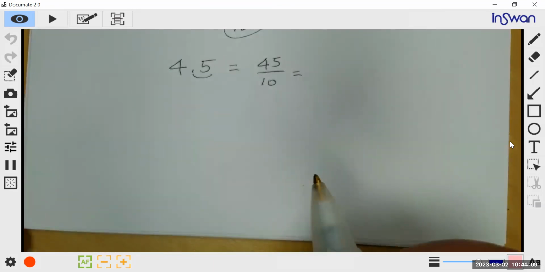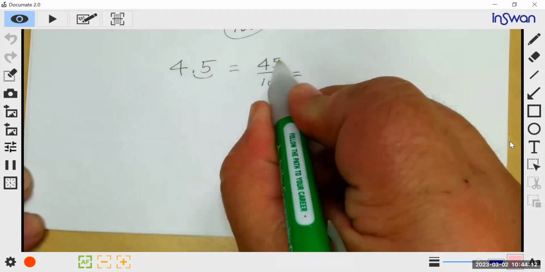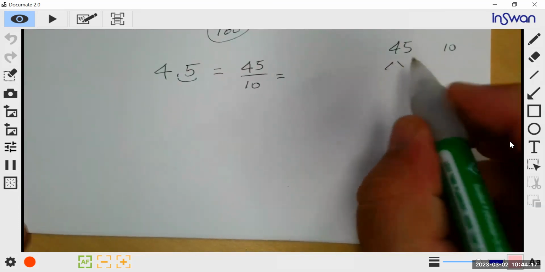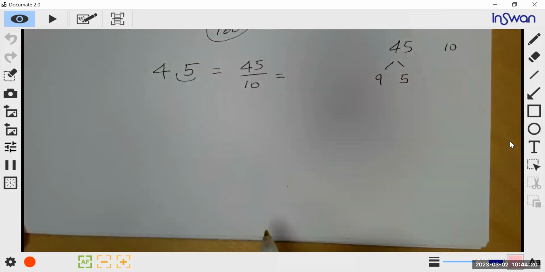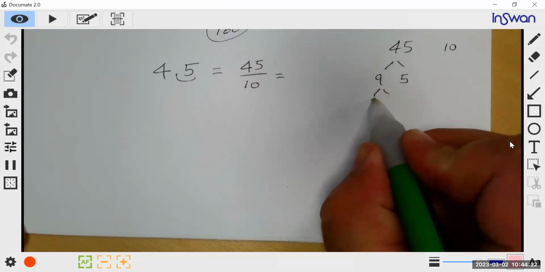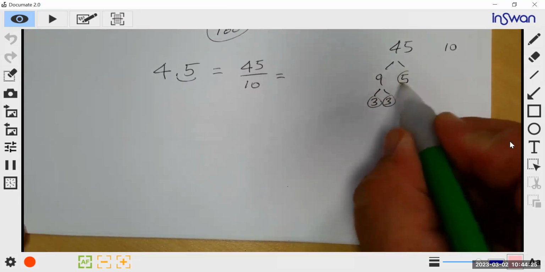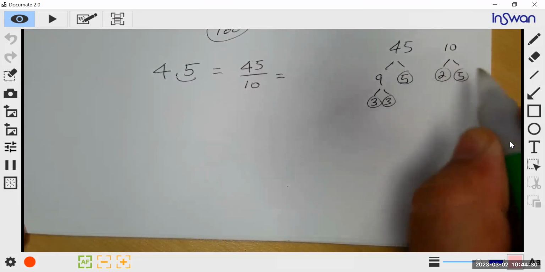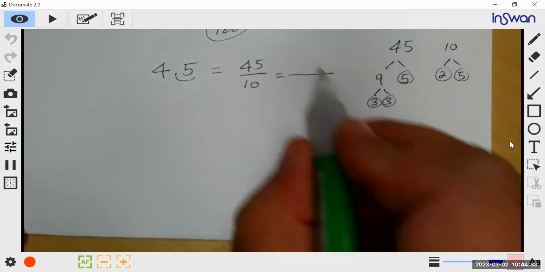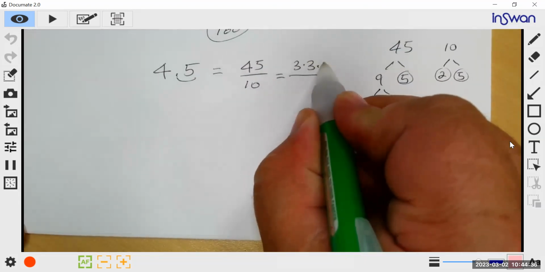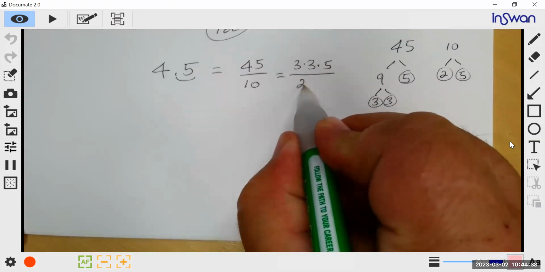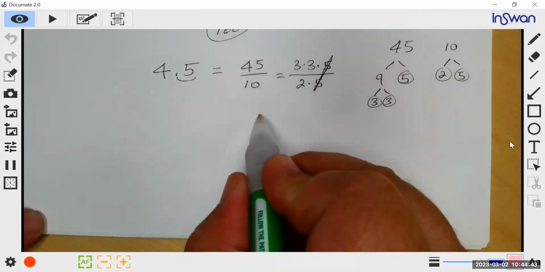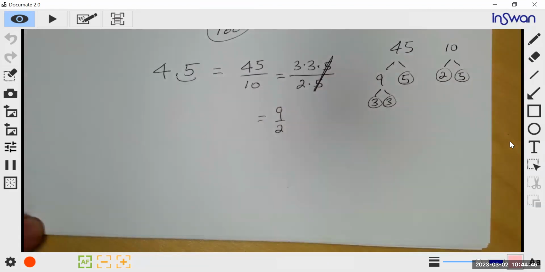What do they both have in common? A 5. I'll do this the long way. 45 is made up of 9 times 5. 9 is 3 times 3. 10 is 2 times 5. So we got 3 times 3 times 5 over 2 times 5. The 5s cancel, leaving us with 9 over 2.